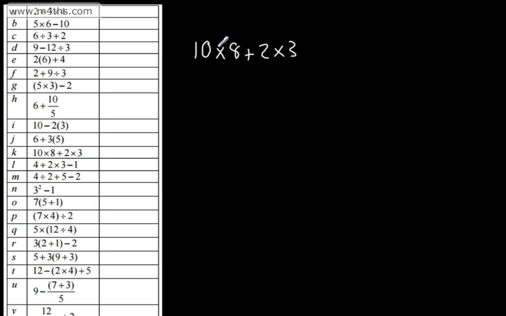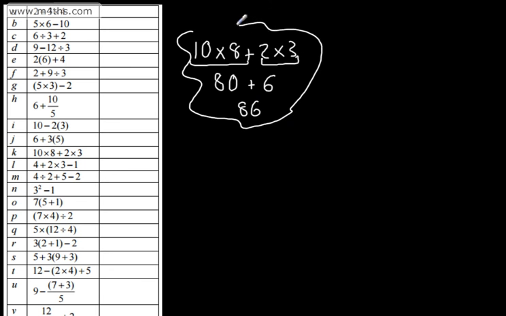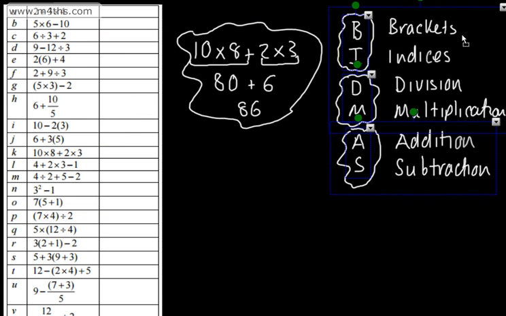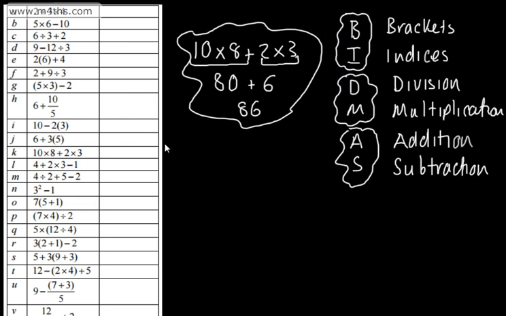What I'm going to do is carry out each multiplication and rewrite this. 10 multiplied by 8, which I do first, is 80, plus 2 multiplied by 3 is 6. So here all I've done is the multiplication first, and then I simply need to add, and we end up now with 86. Let's just put the order of operations over here so we can see what they are and go from there.